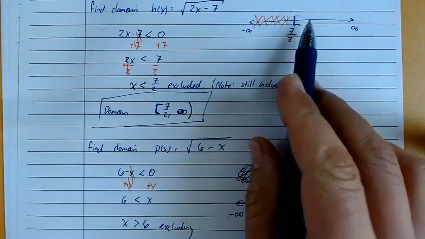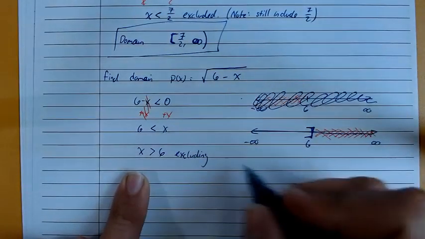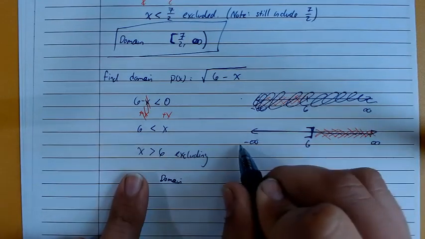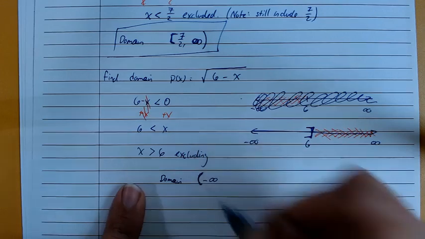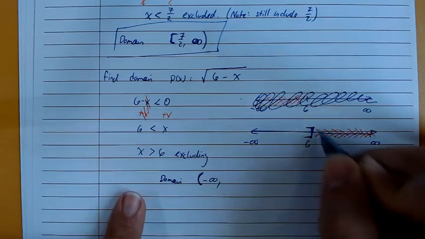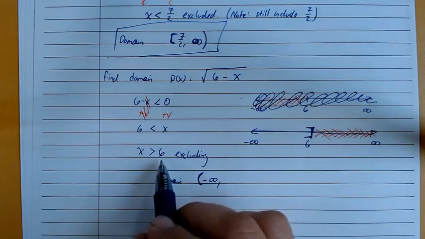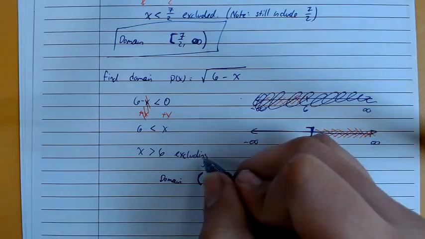Here the bracket faces that way because our answers are on this side. And so here, our domain is everything from negative infinity up to 6. Again, infinities have parentheses around them no matter what. But here the 6 is included. We threw away everything greater than 6, but we didn't throw away the 6. 6 is still part of our answer.